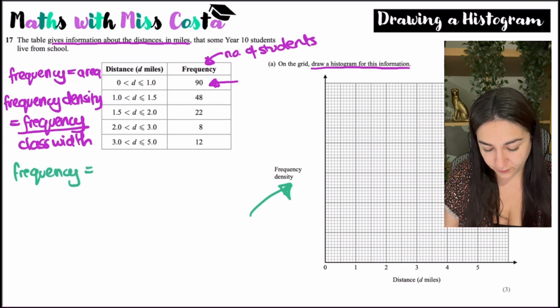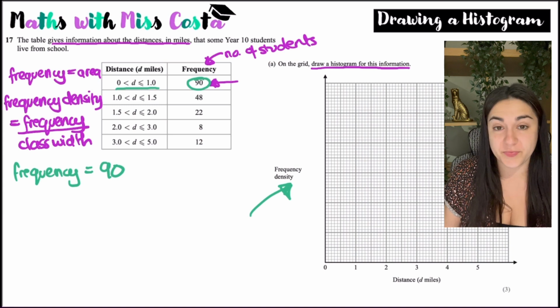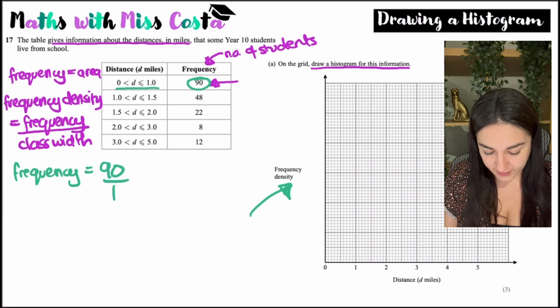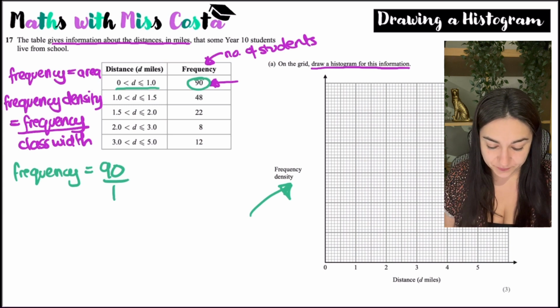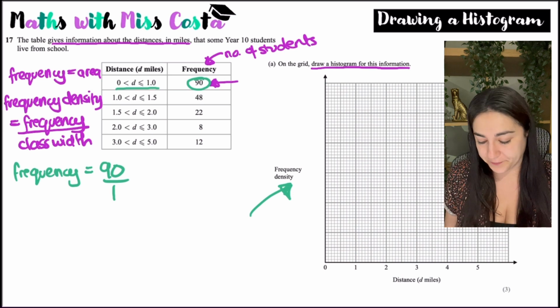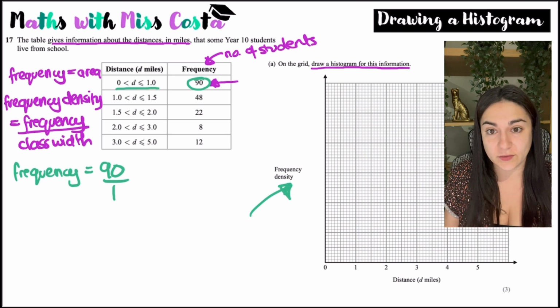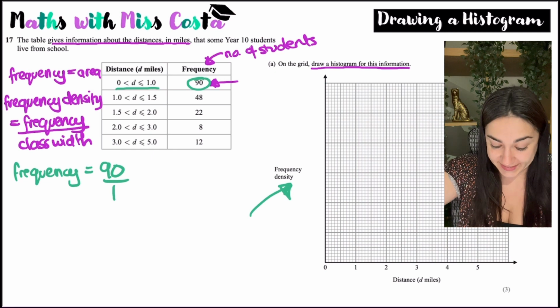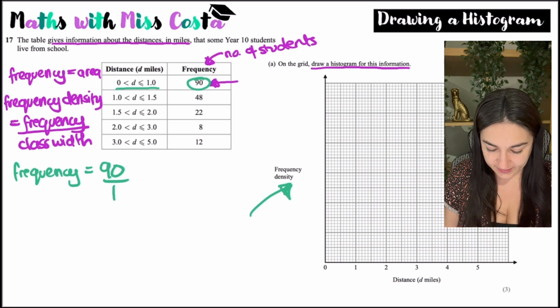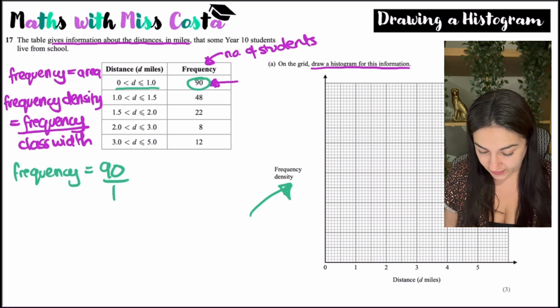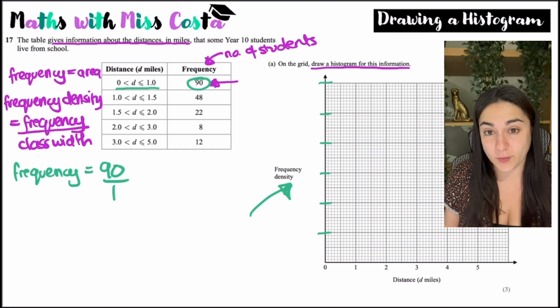So how do we work out the frequency density? Well, we do frequency, so 90, divided by class width. So the difference between 0 and 1 is 1. So therefore, the frequency density for my first one is going to be 90. So I know that on this scale, I'm going to need to have something that goes up to 90. So let's have a look. So I've got 1, 2, 3, 4, 5, 6 big squares.